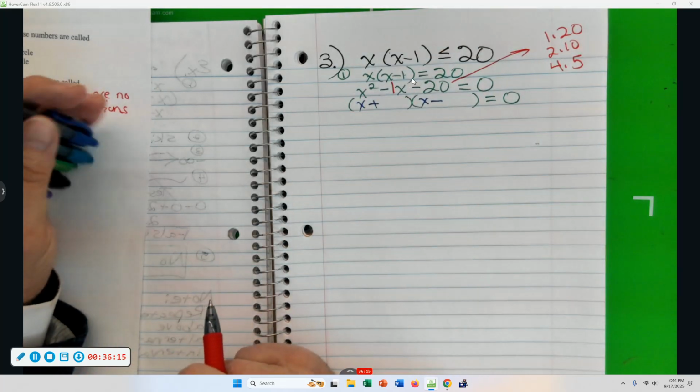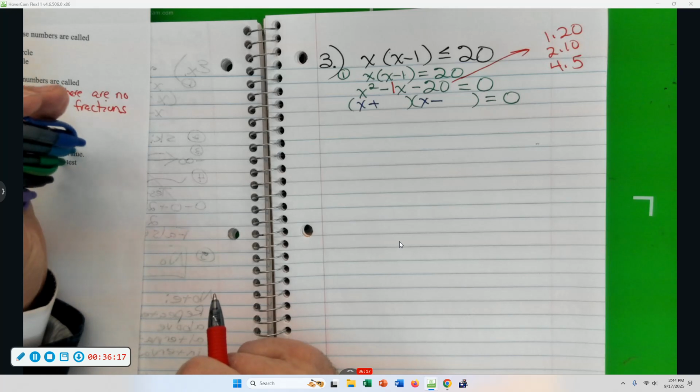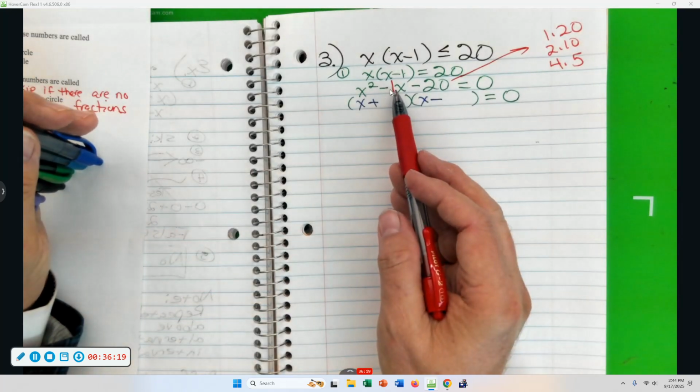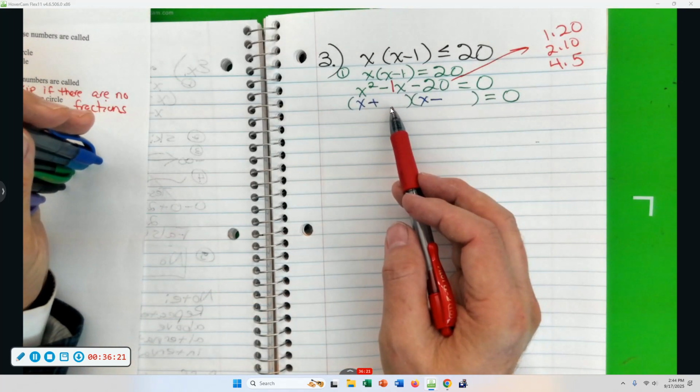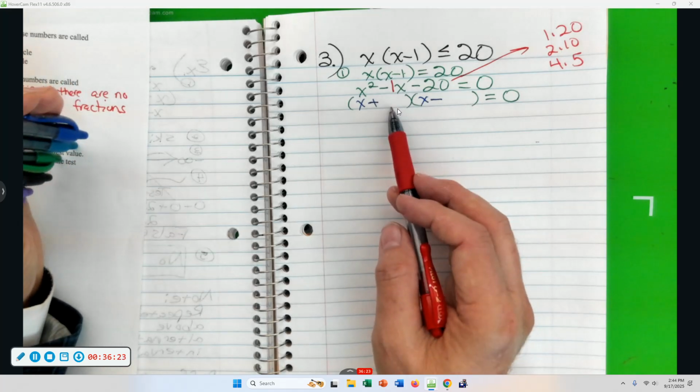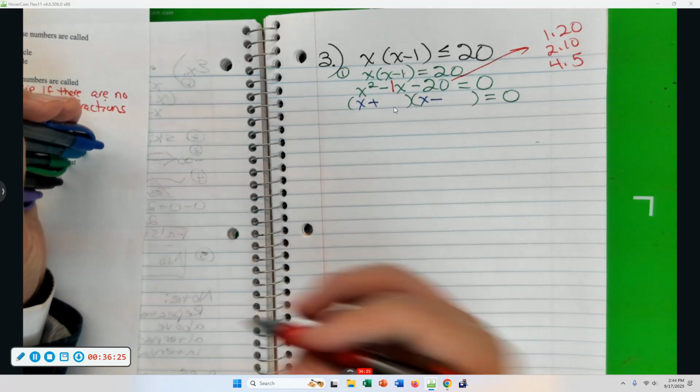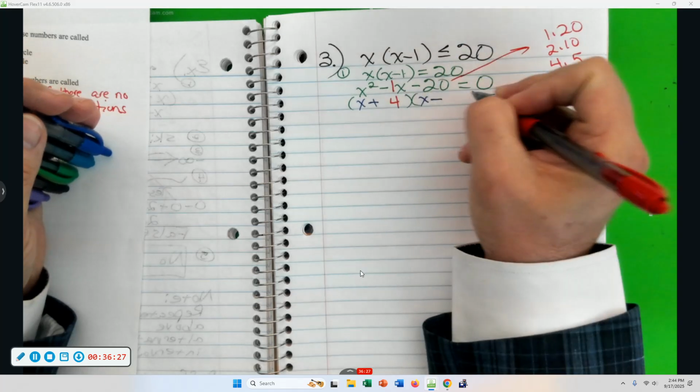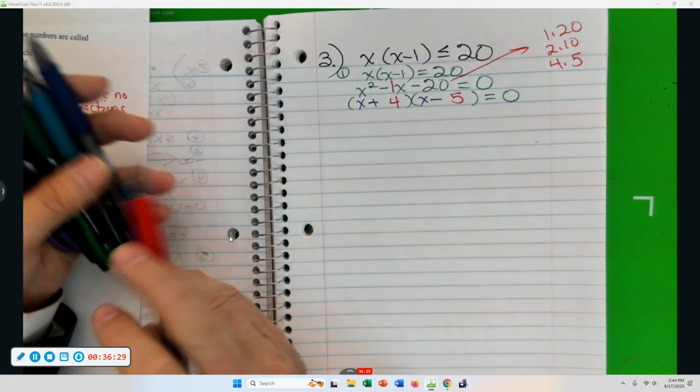We need a minus 1x. Play it out in your head. To get that minus 1x, what should I put after the plus? The 4 or the 5? The 4 here and the 5 there. I agree.